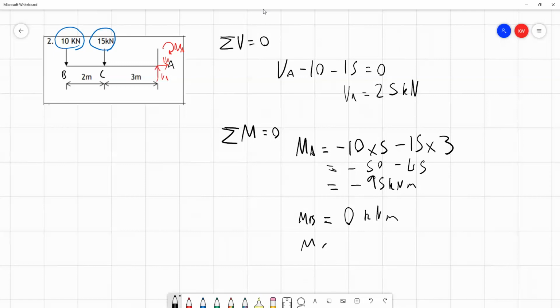And at point C, we only consider the force to the left of C, which is at point B, and that's acting in the counterclockwise direction at a distance of 2 meters away. So that gives us minus 20 kilonewton meters. So now we have all of our information, we can begin to make our diagrams.